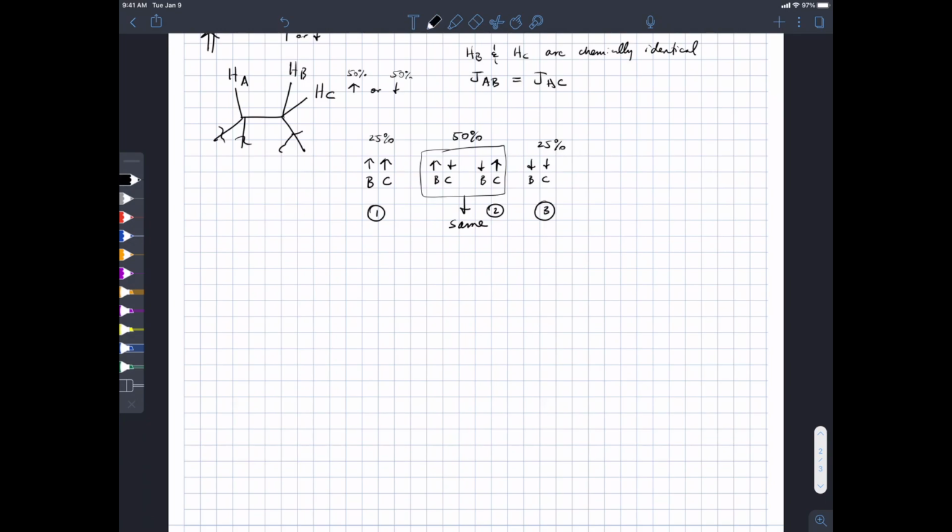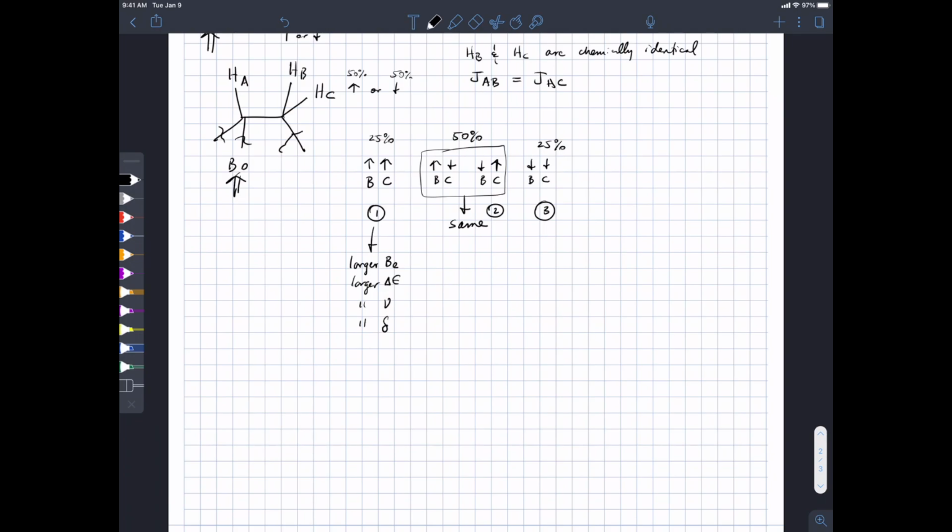Where B reinforces the external magnetic field, in situation 1, we're going to have a larger field that's experienced. That's going to lead to a larger energy gap and larger frequency, and therefore larger chemical shift.